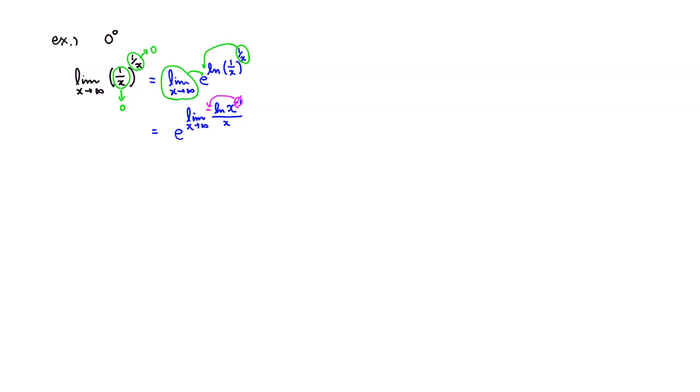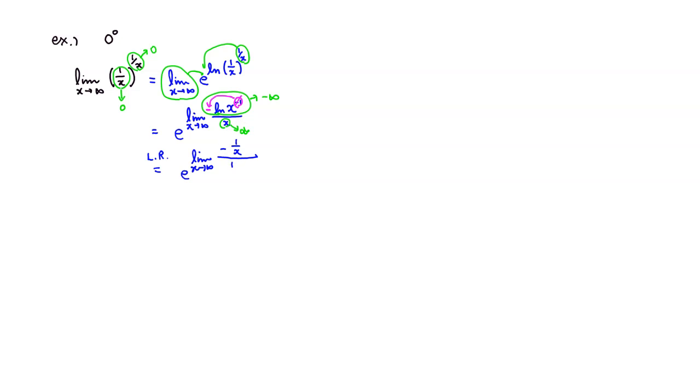Now we can apply L'Hopital's rule because we have infinity in the denominator, and the numerator is actually going to negative infinity, right? Negative natural log of infinity. So by applying L'Hopital's rule, we have e to the limit as x approaches infinity of the derivative of negative natural log of x, which is negative 1 over x, over the derivative of x, which is 1.